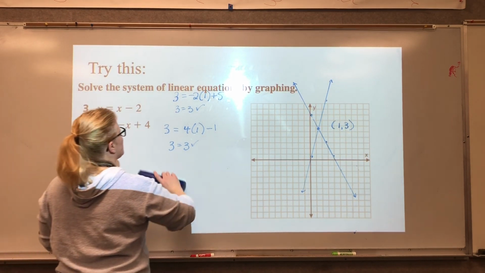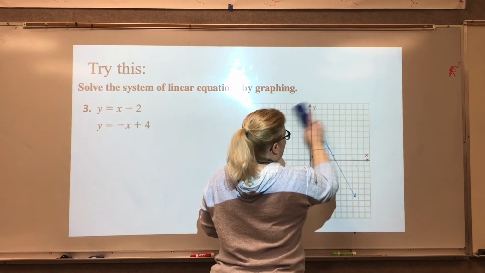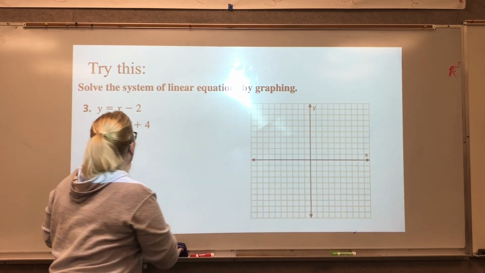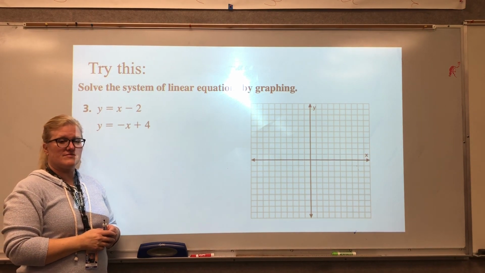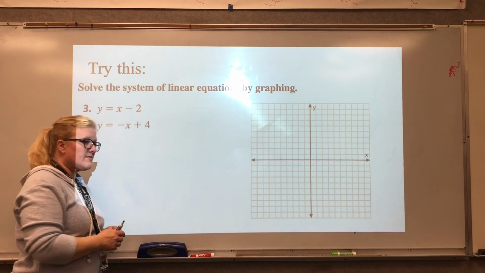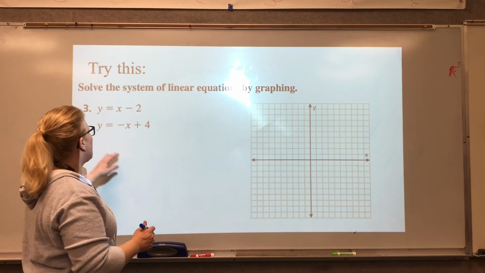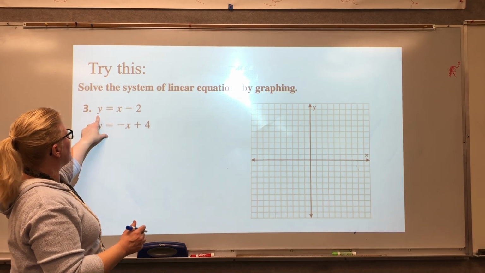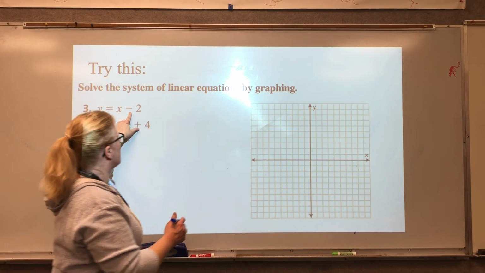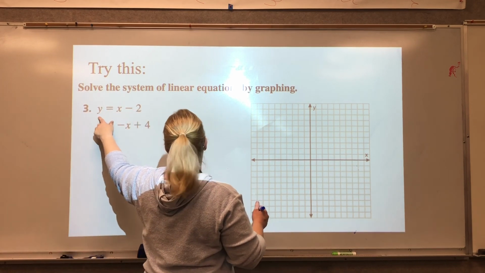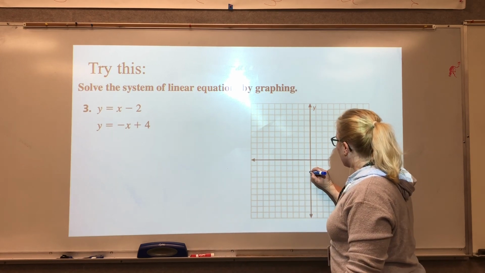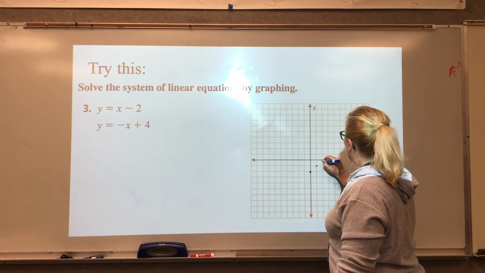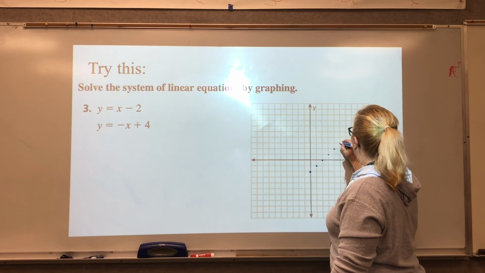Okay, I want you to go ahead and try this one. Okay, so let's graph this again. We've got y equals x minus 2. My y-intercept is negative 2, my slope is 1, so it's up 1 over 1.